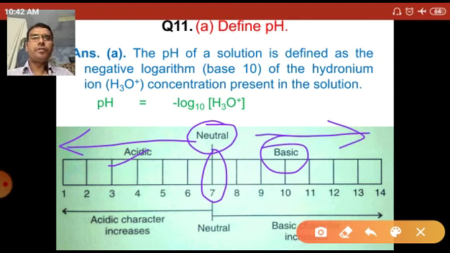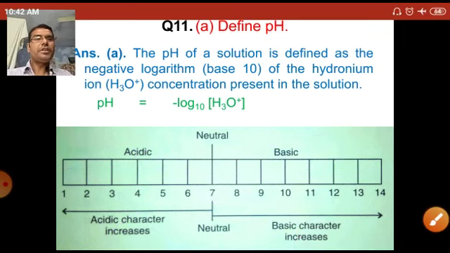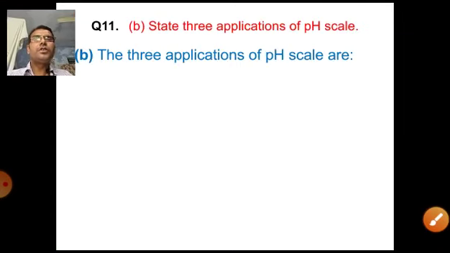Now when we move from 7 to 1 in the pH scale, to the left side, the acidic character increases. When you move from 7 to 12 in the pH scale, that means to the right side, the basic character increases.